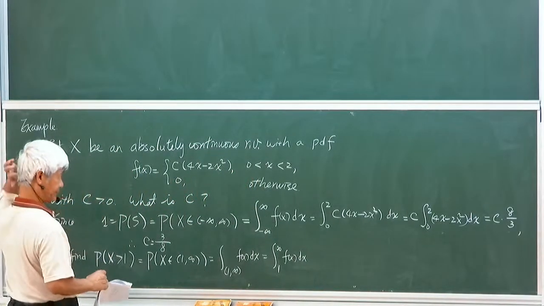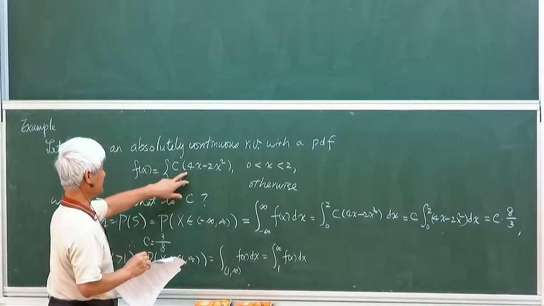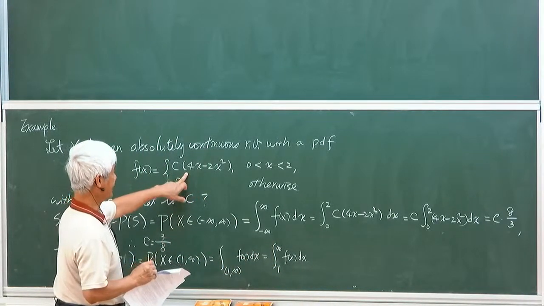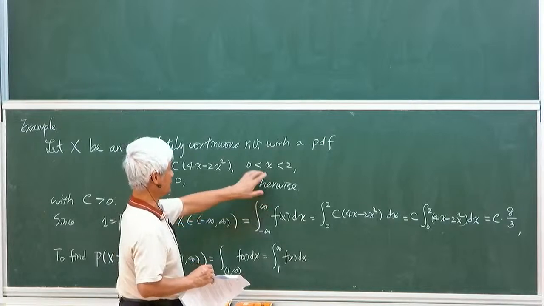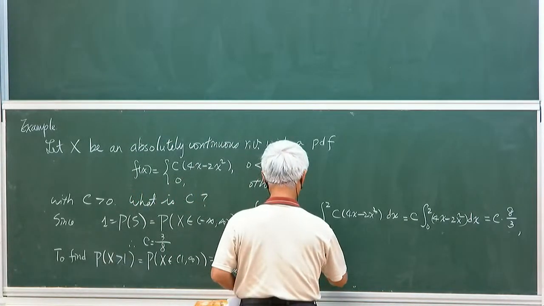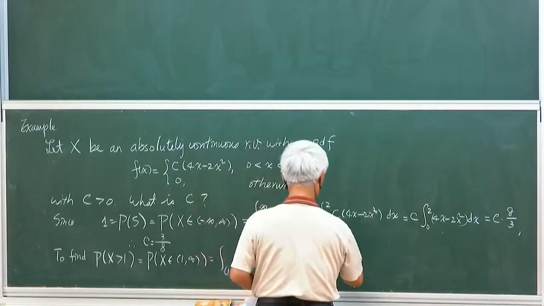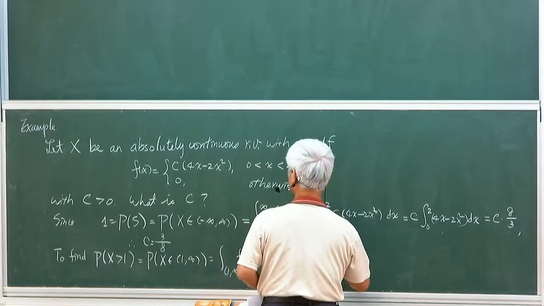Now again, f of x is here. All right, and it is 0 outside of this interval. So we know this is equal to the integral from 1 to 2, and we know C is 3/8.